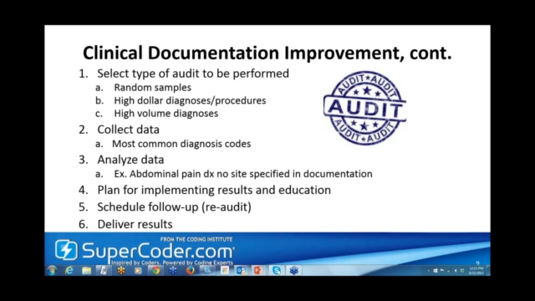And by indicating those kinds of gaps, we can now start training providers to add in that information so that they'll be completely ready to use the most specific codes possible.